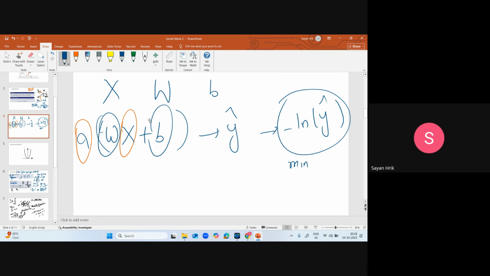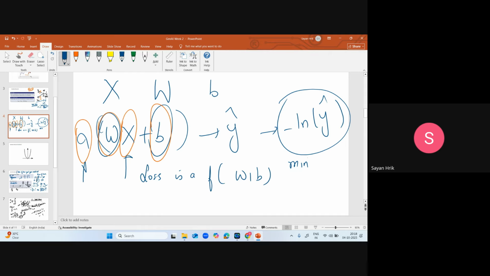These can be changed. So what I'm trying to say is, if I write that this loss, which is the cross entropy loss, is a function of w and b. Is this correct? Yes, sir. It is correct, right? Because w and b values are determining what this loss is. This is fixed and this is fixed. These have no role, right? What is variable is this, and what is variable is this. So I can change this.